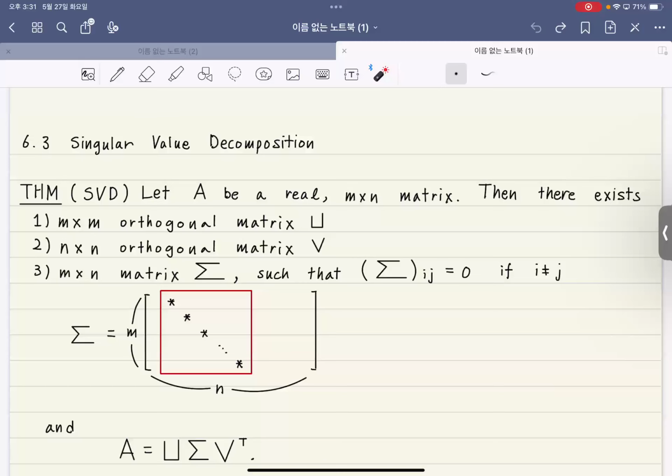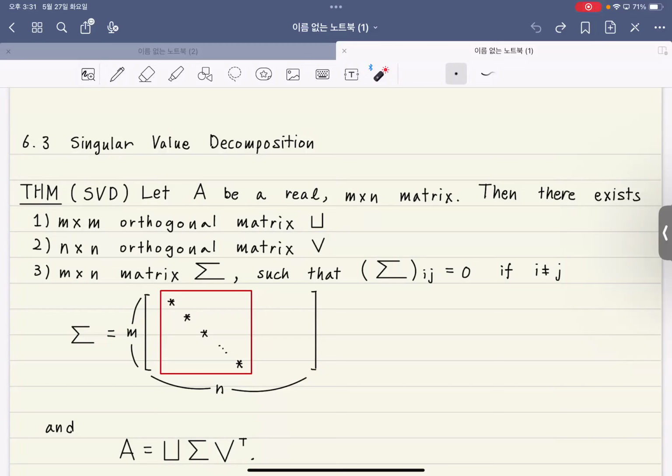Well, considering the matrix A as a linear transformation between two vector spaces, the domain has the direct sum decomposition of the row space and the null space, and the codomain has the direct sum decomposition of the left null space and the column space.